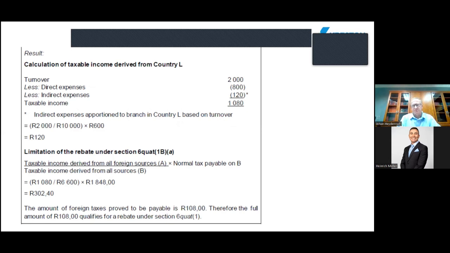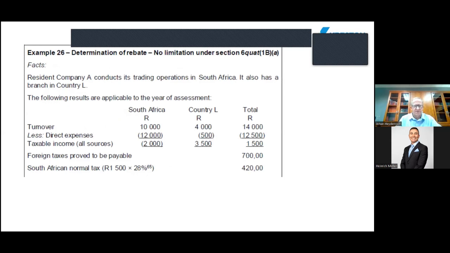You can apply a different basis. The law doesn't force you to do it on turnover, but you've got to apply a just and reasonable methodology of allocating indirect expenses to both South African sourced income and foreign sourced income when you calculate it. All right, so that then comes into your calculation there.